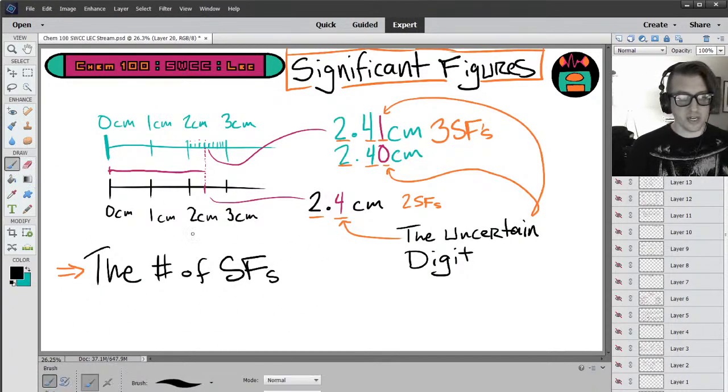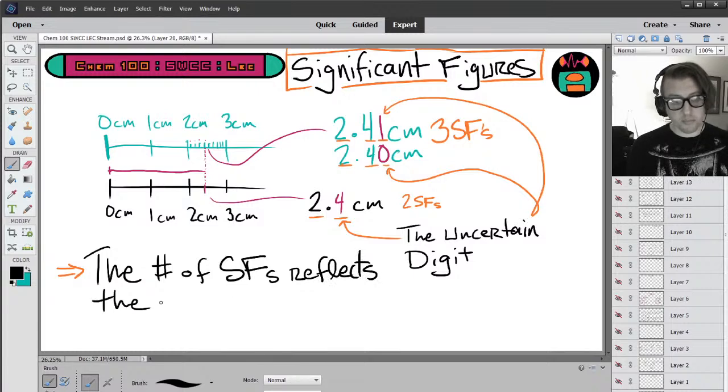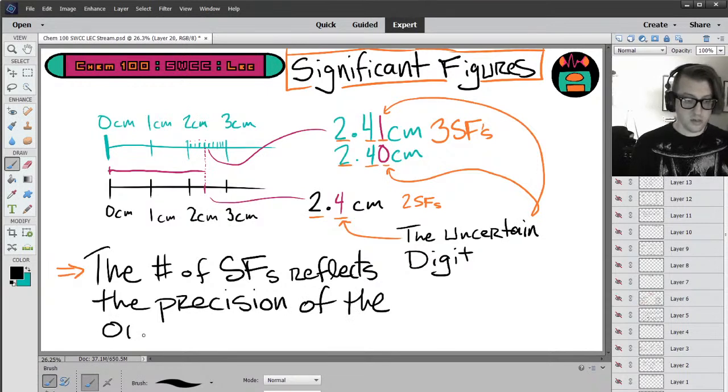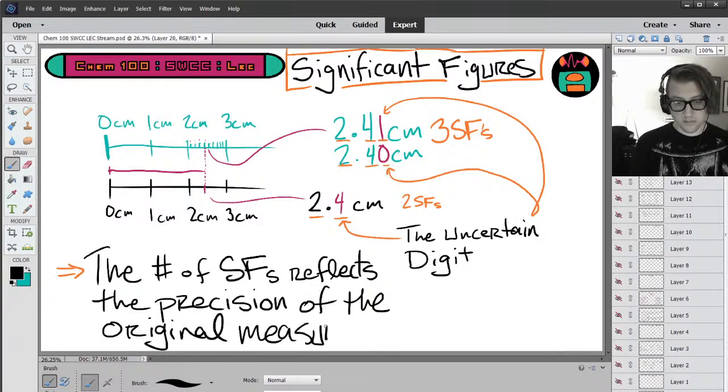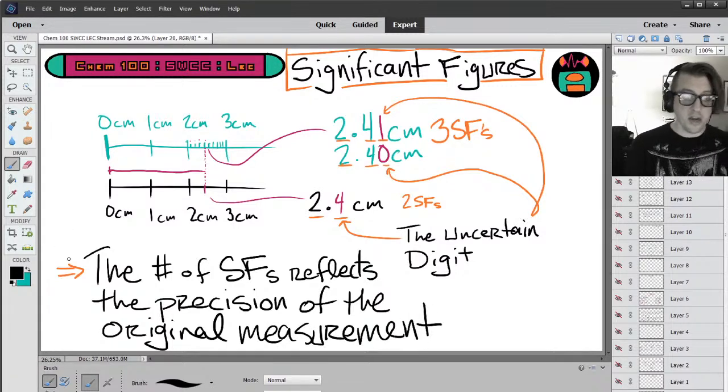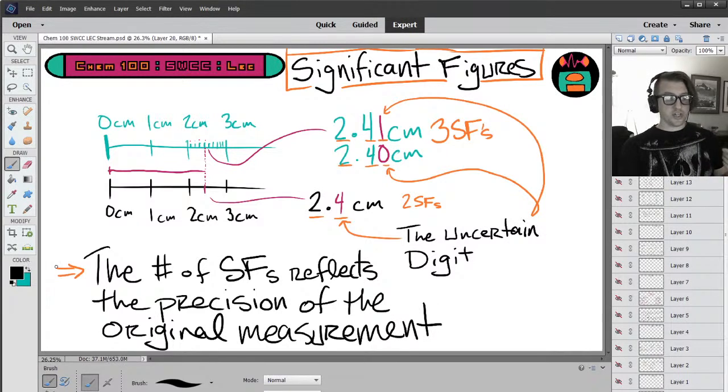The number of significant figures reflects the precision of the original measurement.